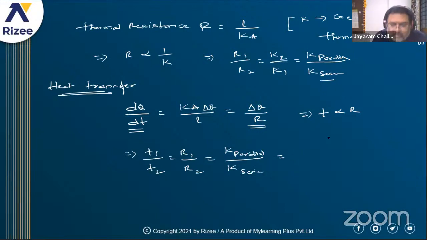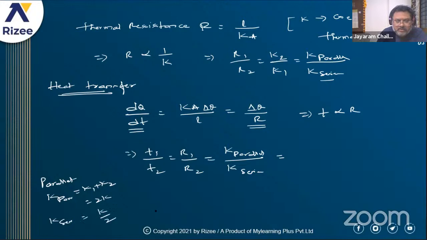So in this case, for the parallel case, thermal conductivity is equal to K1 plus K2. Since both of them are the same, you can write it as 2K. For K in the series, since both of them are the same, it's K by 2.